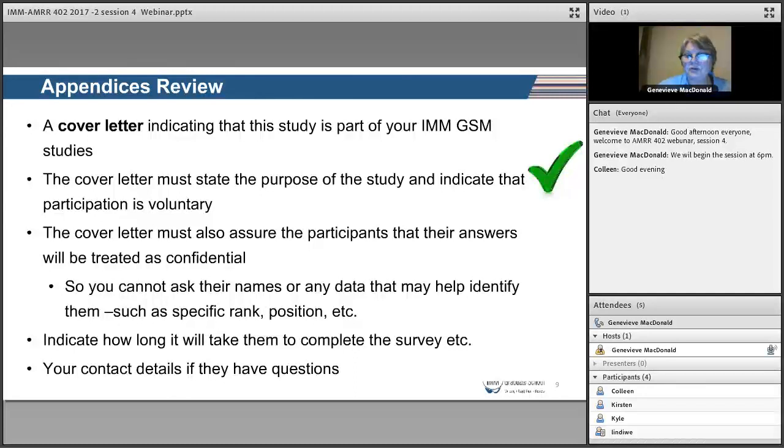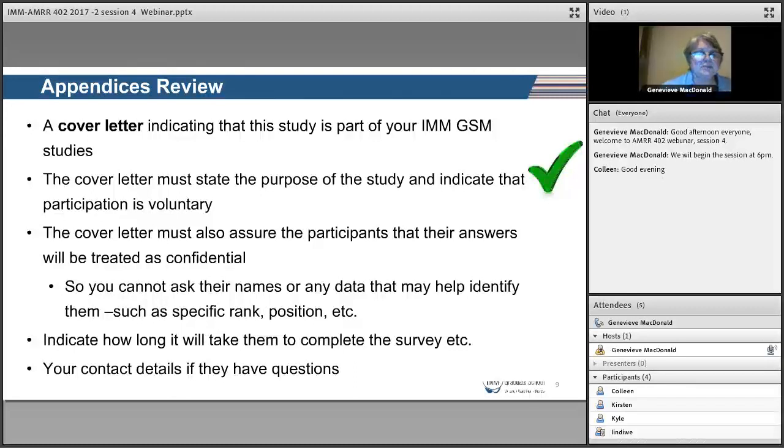Appendices, we've spoken about that before. A cover letter, as we mentioned before, indicating that the study is part of your studies at IMM, and it must state the purpose of the study and indicate that participation is voluntary. That's part of ethics in research.